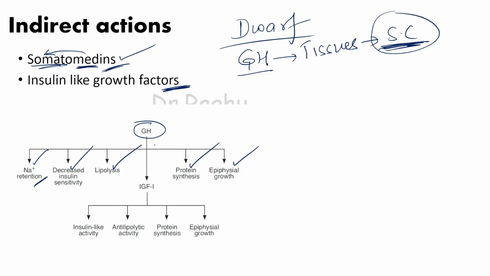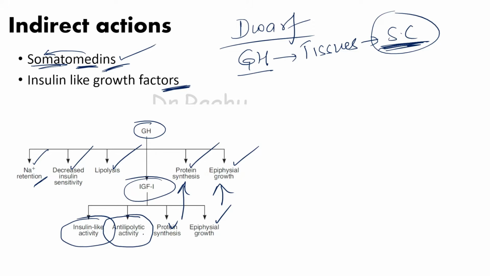Now growth hormone acts on various tissues and it helps in the production of insulin-like growth factor 1. It is also going to cause epiphyseal growth similar to that of growth hormone. It is also going to cause protein synthesis similar to that of growth hormone, but remember that these two actions are entirely opposite to that of growth hormone. One is anti-lipolytic activity. What did the growth hormone do? It caused lipolysis. And one more is insulin-like activity.